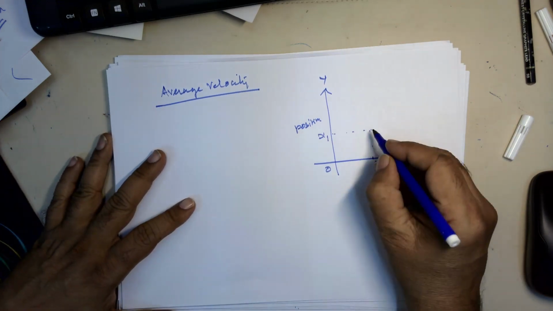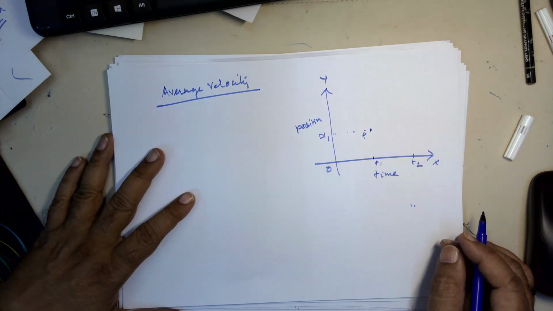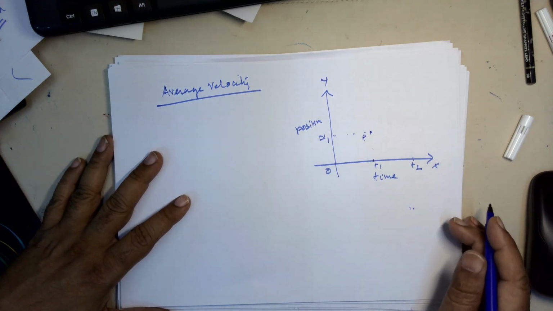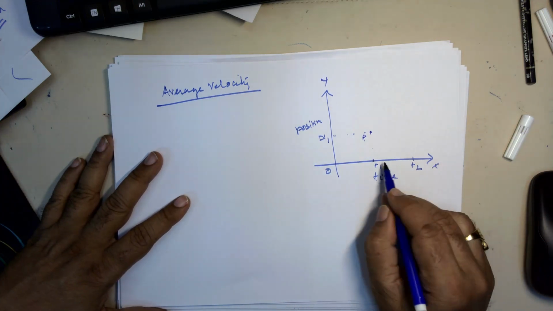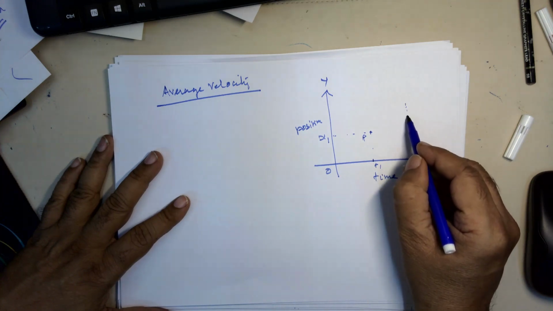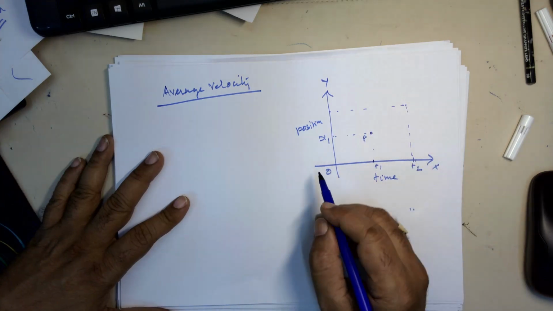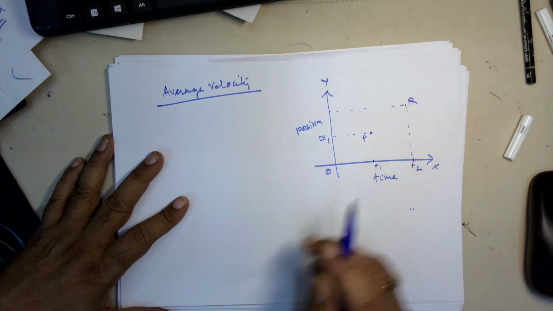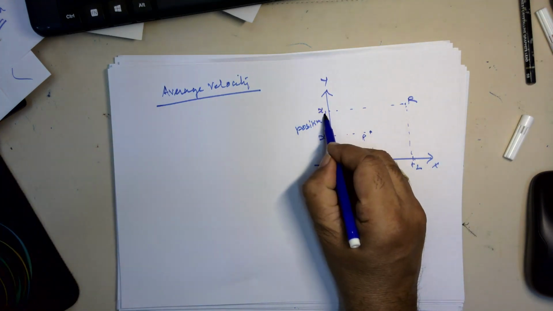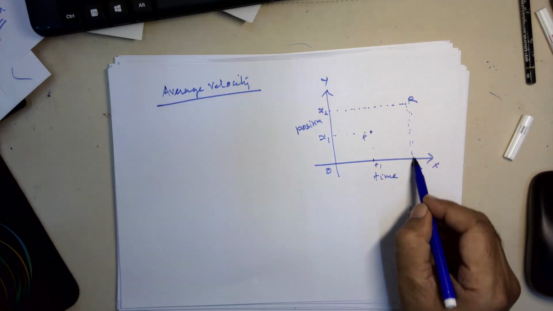So this is the position P. And at time t2, it has gone to R. So this position is x2 and this time is t2.